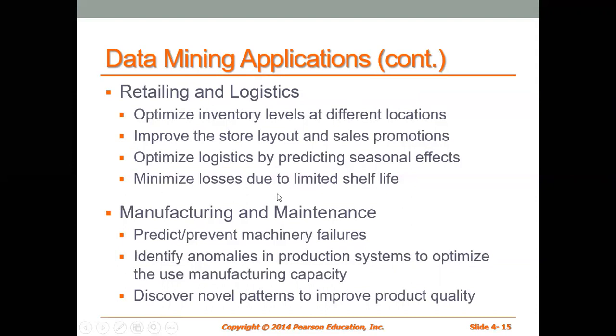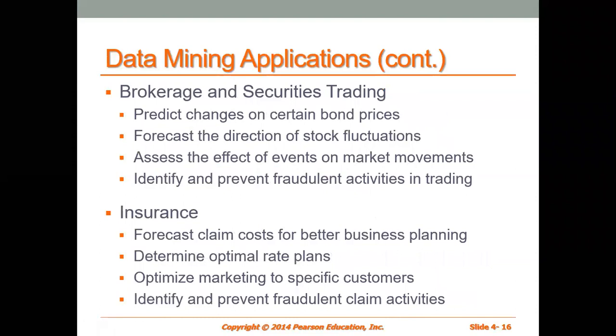Manufacturing industry can use data mining to predict machinery failures, such as when my machine is going to fail, the expected time of failures according to different factors, anomalies in production systems to optimize the use of manufacturing capacity in different firms, and novel patterns to improve product quality.